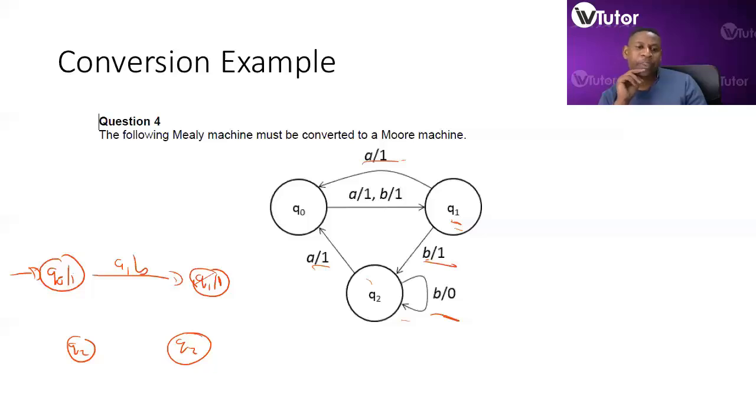So Q2 is the same one. I need it to have an output of a 0. The other I need to have an output of a 1.